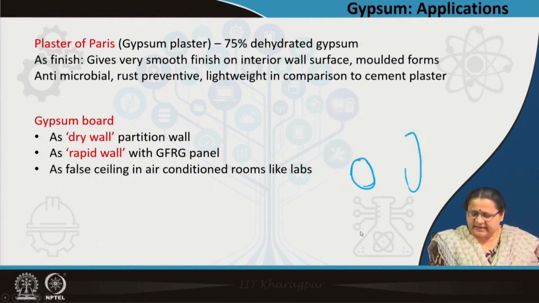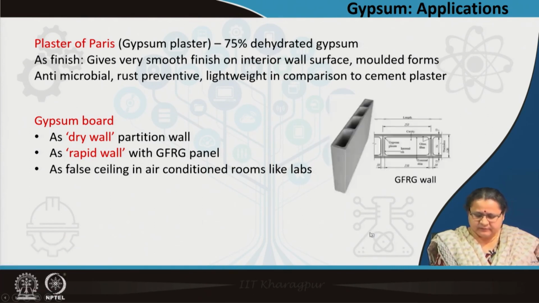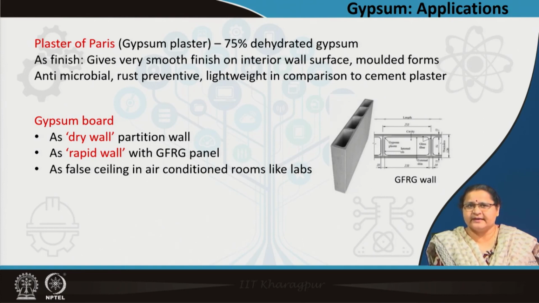It can be used as glass fiber reinforced gypsum. It can be used as a rapid wall, that is called a rapid wall because it can be rapidly constructed. You may go to the module for glass where it was discussed at length.